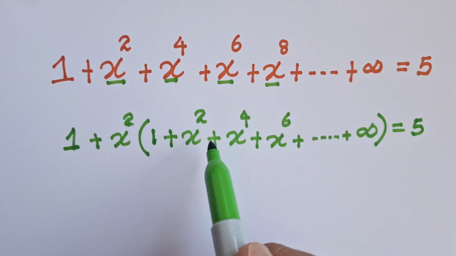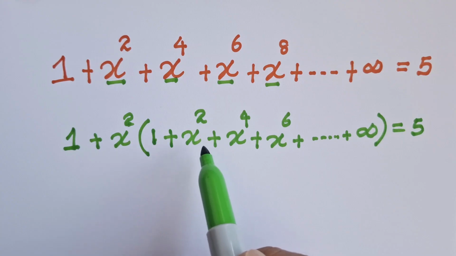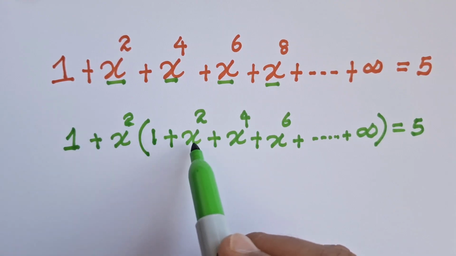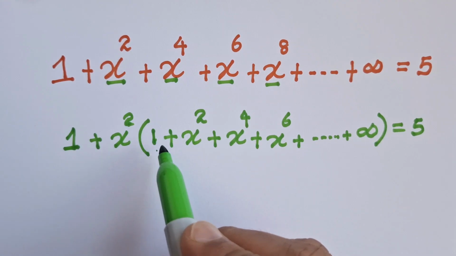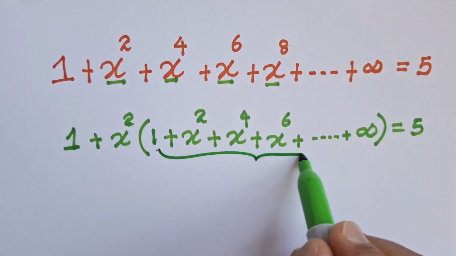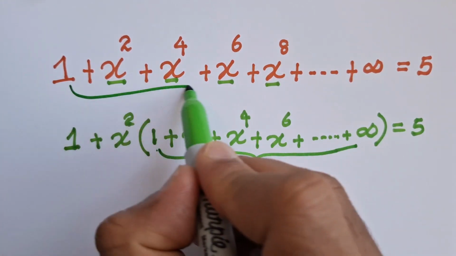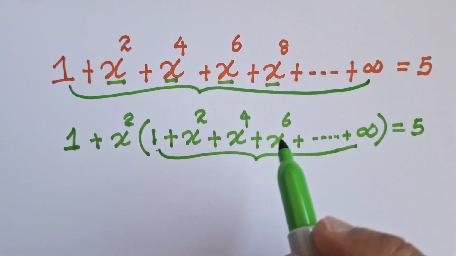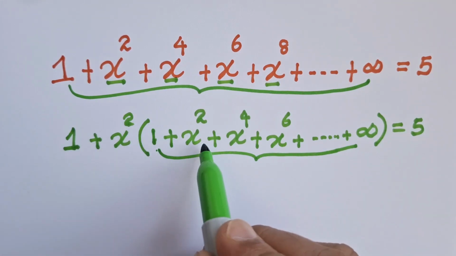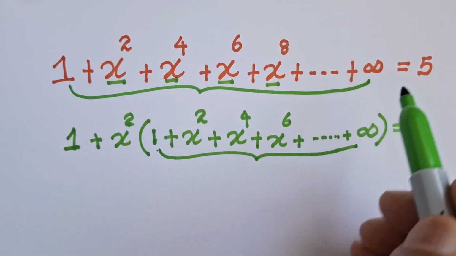Now you can clearly see that inside the parentheses we have the same series as in the original problem, which is equal to 5. Therefore, I can replace the series inside the parentheses with the value 5.